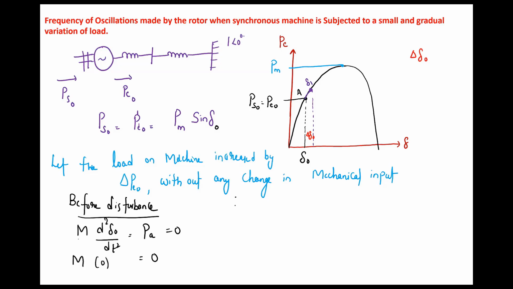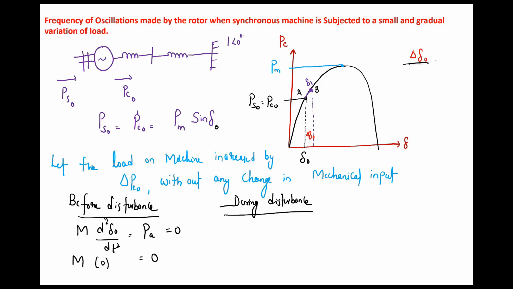So during disturbance, now what is happening? Because of the sudden incremental load, the operating point has shifted from point A to point B, that is from delta naught to delta 1. So that incremental delta value is delta naught.